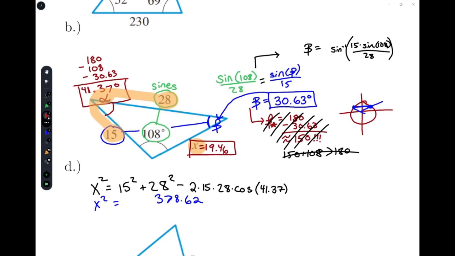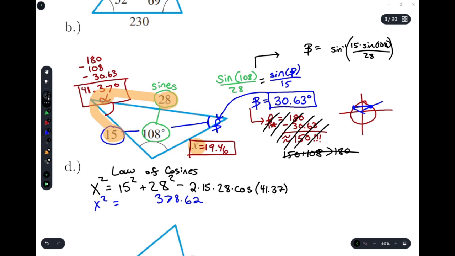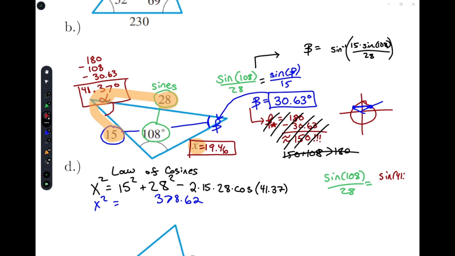That was the law of cosines. Had we done it with the law of sines, would it have worked as well? Did somebody else do it, law of sines? I'm doing it right now. Just to see, with law of sines I would have used the green stuff because that has no decimals. So sine of 108 over 28 is equal to sine of 41.37 over x.